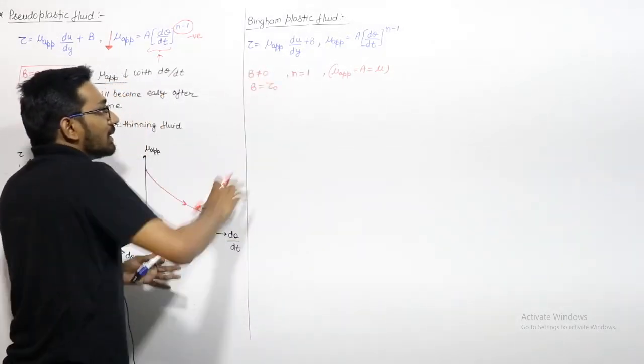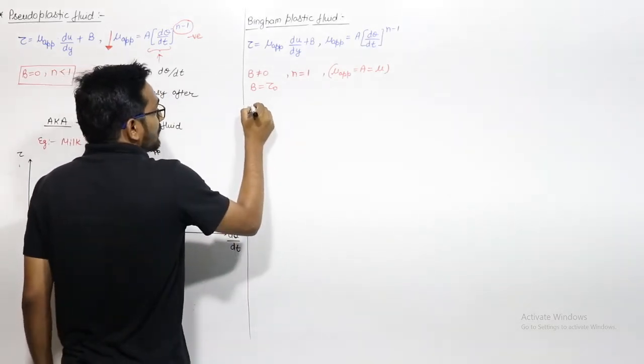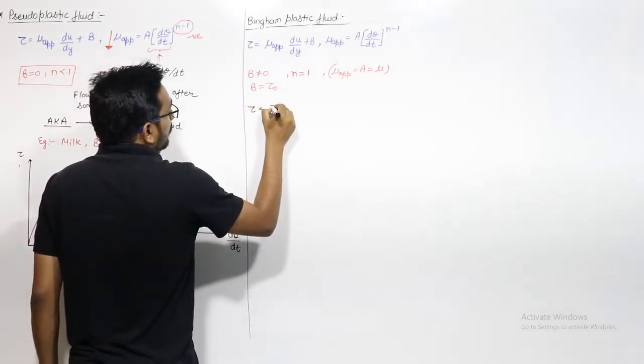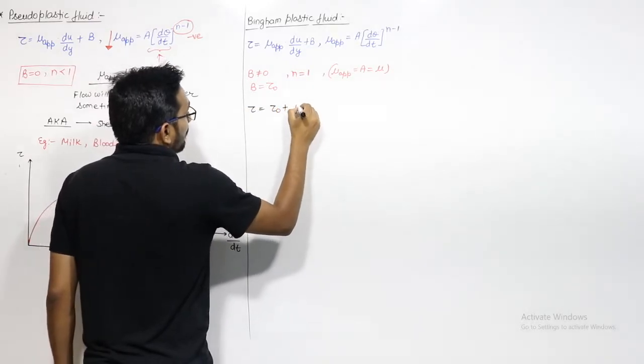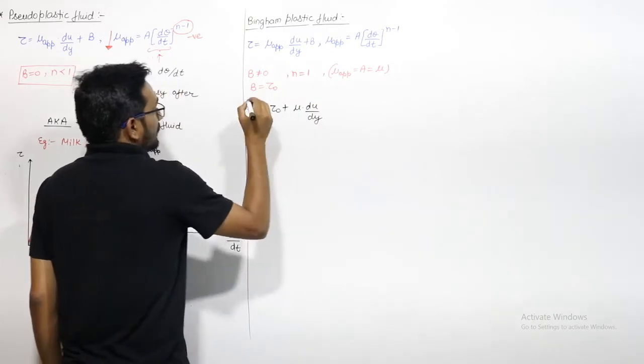So what this shows, if I write the equation again, the Ostwald equation will look like tau is equal to tau naught plus mu into du by dy. Now just pay attention here.